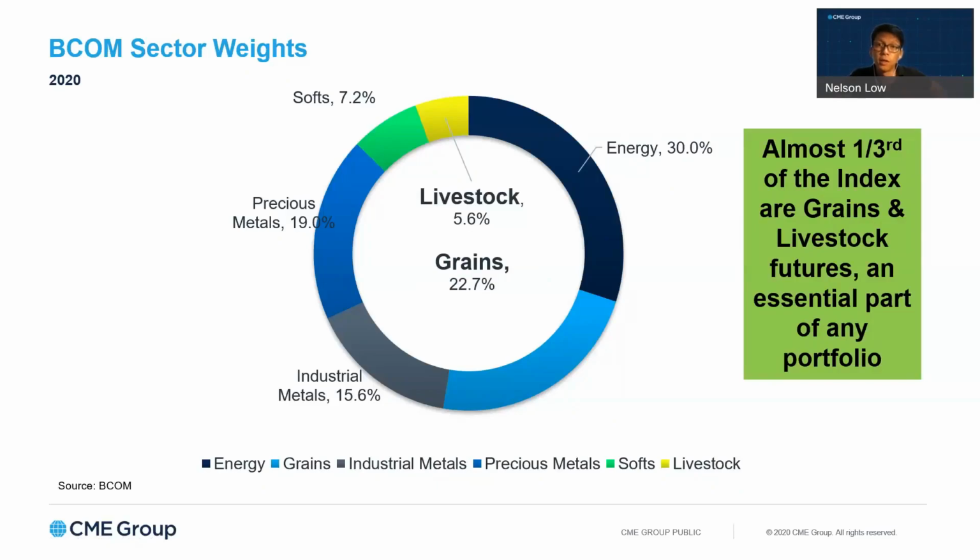There's a commodity index called the Bloomberg Commodity Index that details the different commodities that are available. And you see that the agriculture commodities constitute almost 1/3 of the Bloomberg Commodity Index. So it's a very, very important part of the commodity world.